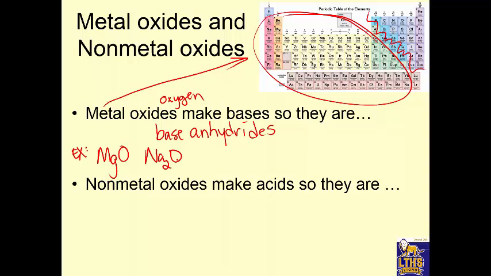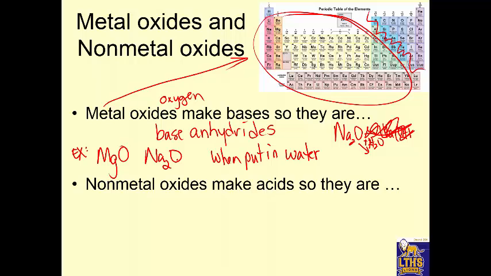Now when you put it into water, Na2O turns into NaOH. We'll do this in class, but Na2O plus water turns into NaOH, and we get 2 of those.